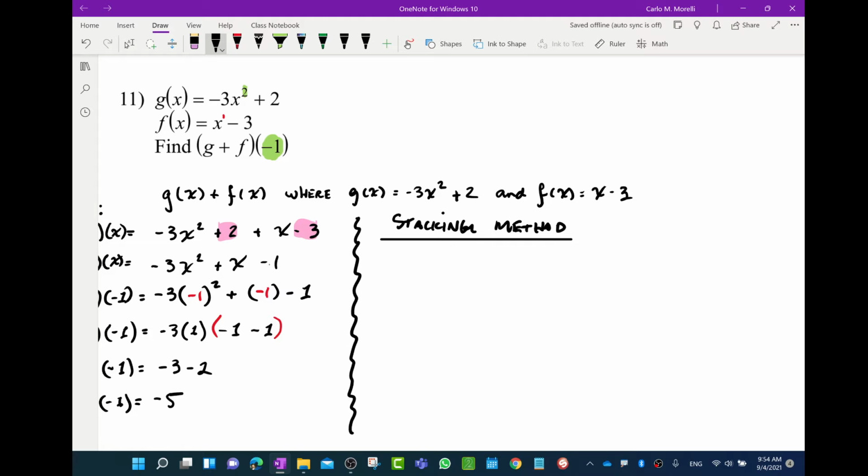So in the stacking method, we're going to add g plus f. We would write negative 3x squared. And notice that we don't have anything in g of x where it's just x by itself. We just jump right to the whole number. So we would put in plus 0x, because that's 0x to the first, and then plus 2.